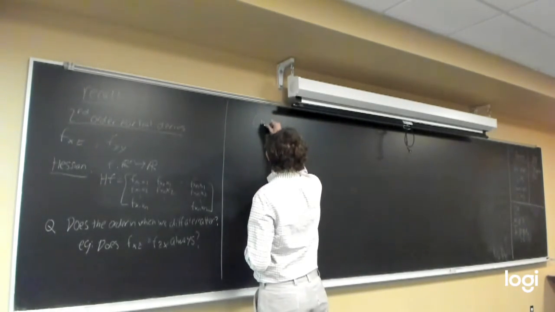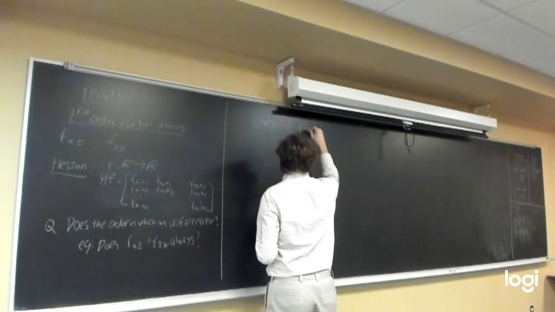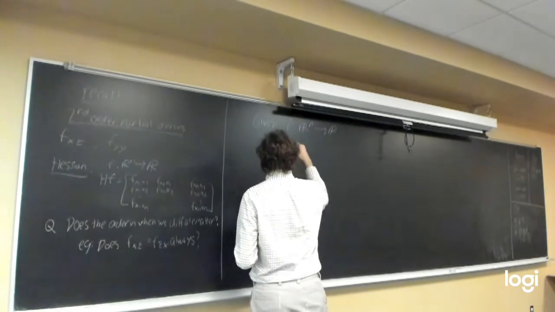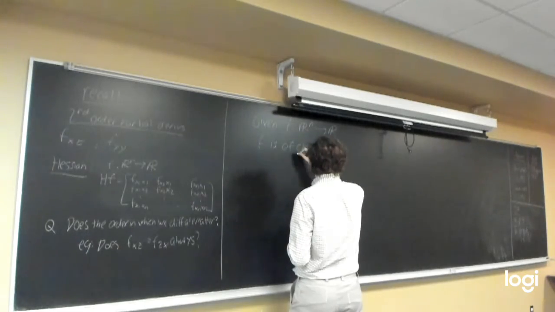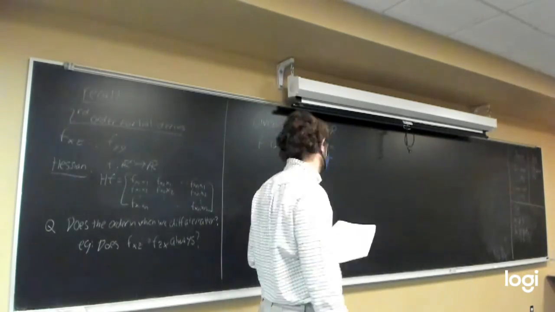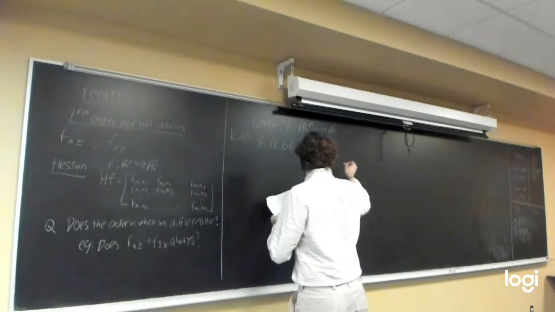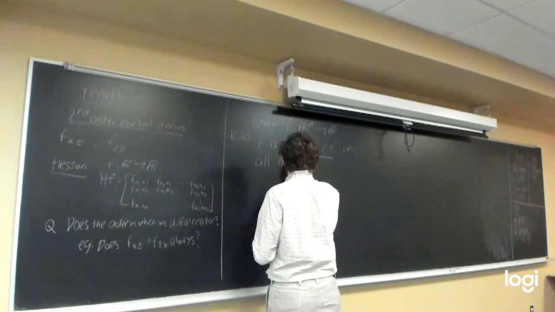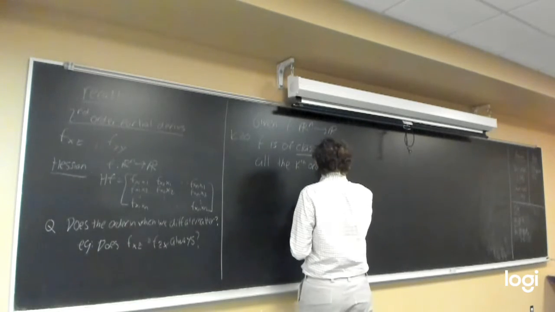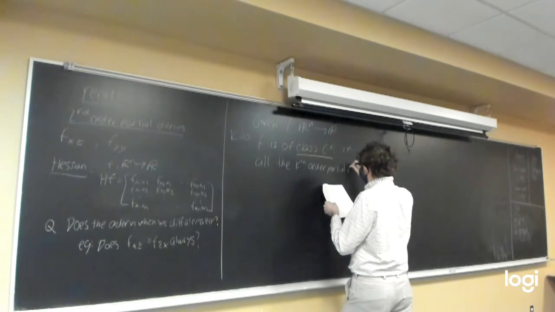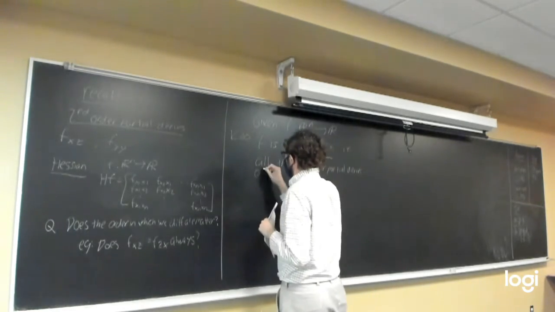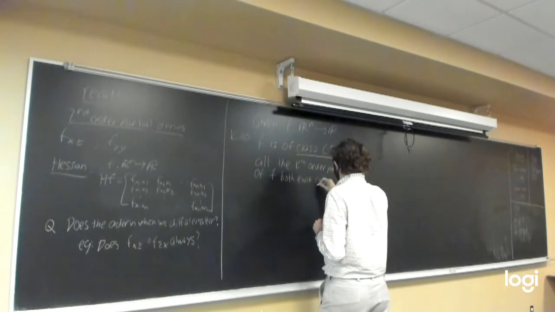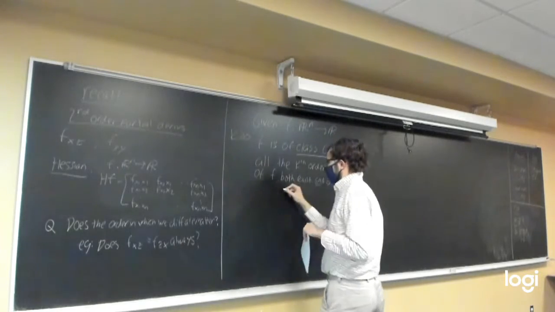So to start off with, we're going to be given a function f going from Rn to R. We're going to say that f is of class C^k, where k is some integer, k greater than or equal to 0, if all of the kth order partial derivatives of f both exist and are continuous over the domain of f.